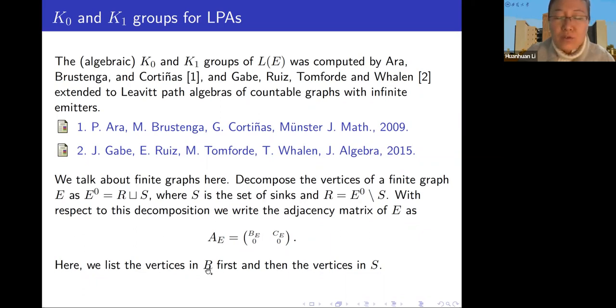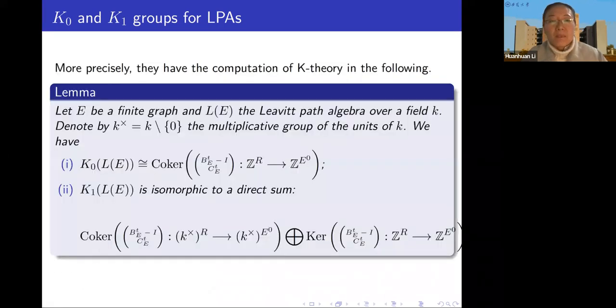That means for those vertices, there are edges starting from them. Then we list the sinks. So we have this matrix, with a B part and a C part here, and then K0 and K1 actually are like this. K0 is the cokernel for this map, and K1 is a direct sum, so it has two parts.